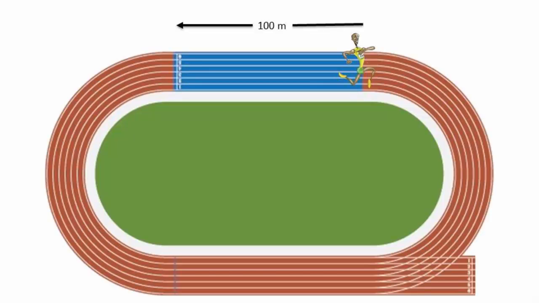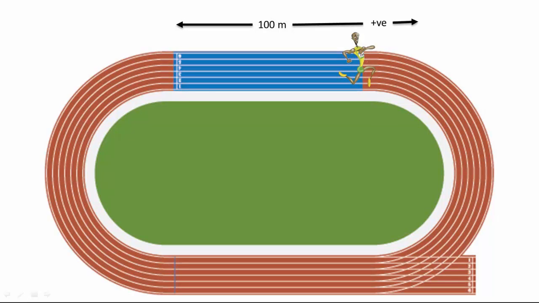Let's take the following example. Now, if Usain started at a different position and ran around the track but stopped 100 meters behind the starting point, we will define his starting point as the origin and the direction to the right as positive. That is, any position to the right of the starting point will be positive displacement, and any position to the left of the starting point will be negative displacement.